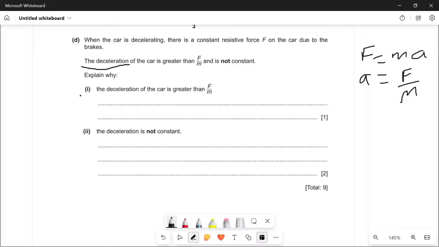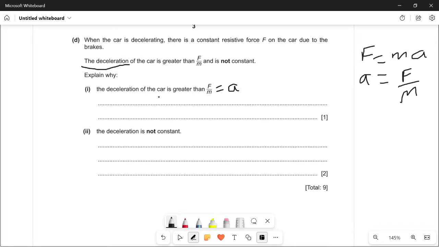When you come to part I: explain why the deceleration of the car is greater than F over m, which is equivalent to the acceleration. There could be many reasons for this. One of them could be air resistance. Because air resistance opposes the motion of the car, the acceleration is going to be decreasing.